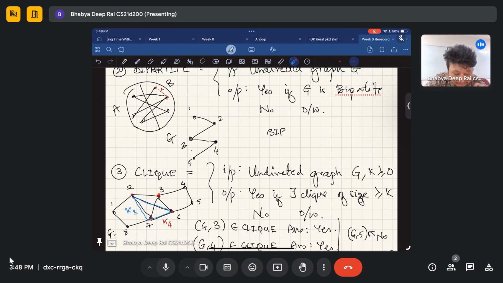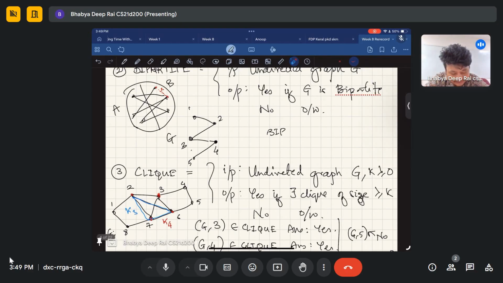I'm telling you, given a graph, give me a small certificate. Let's say it's bipartite. Give me a small size certificate which will actually prove that this is bipartite. And that can be done as follows. You give me the partition. You tell me the set A is this, the set B is this, and we are done. And of course, the size of that particular certificate is smaller than the graph, right?